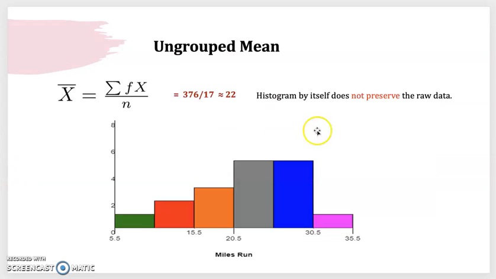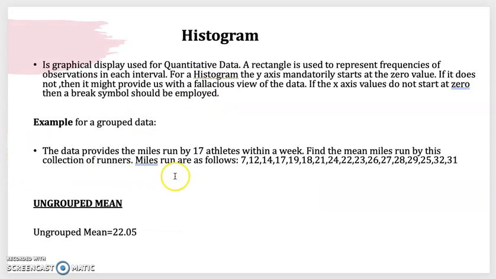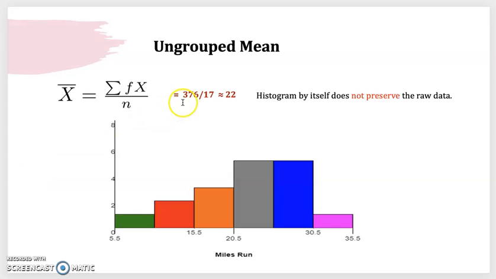So the average from the graph is close to 22, compared to the original raw data, about 22.05. But 376 divided by 17, if you look at the decimal, is actually 22.1176.